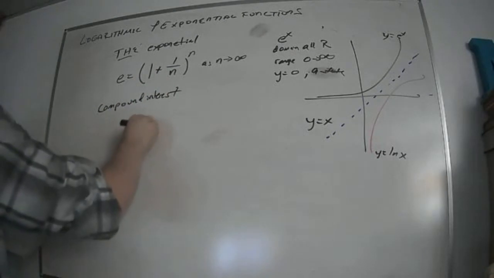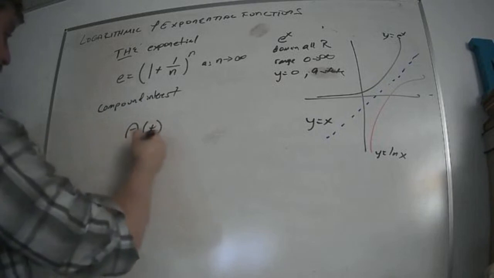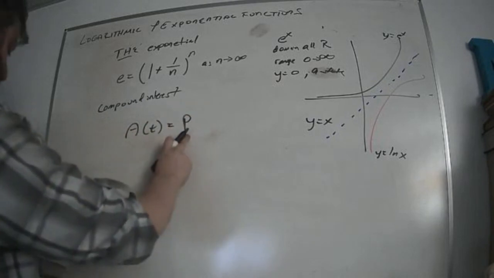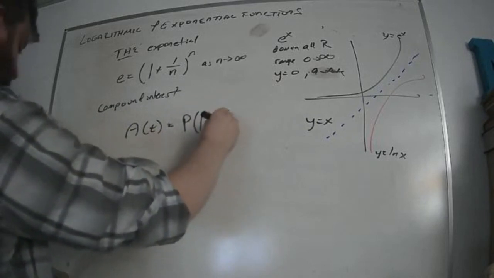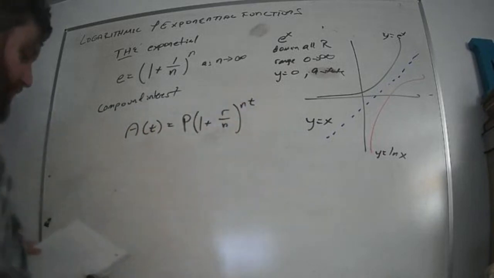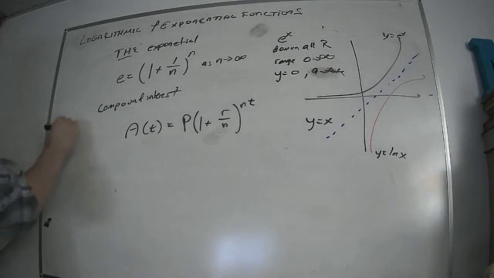Compound interest has this form. Function A of t, where A is typically taken to be the annuity, equals the principal, however much you start with, times this factor, 1 plus r over n to the power n times t. Where P equals the starting amount.